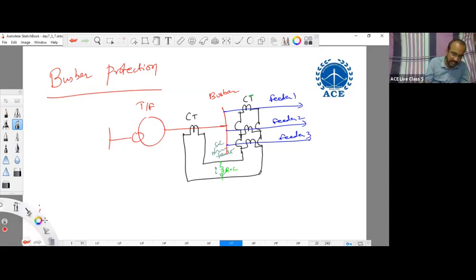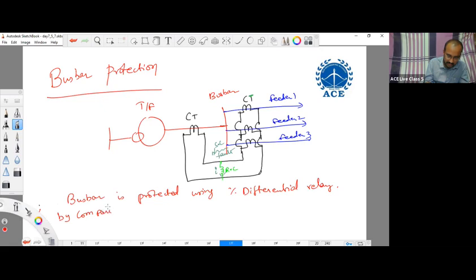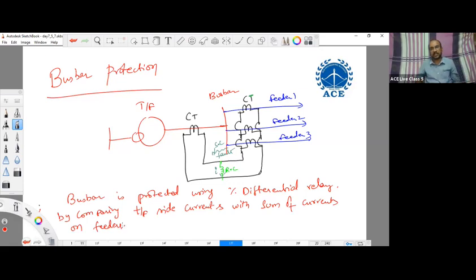So the bus bar is protected using percentage differential relay, by comparing transformer side currents with the sum of the currents in feeders. So this is about bus bar protection.